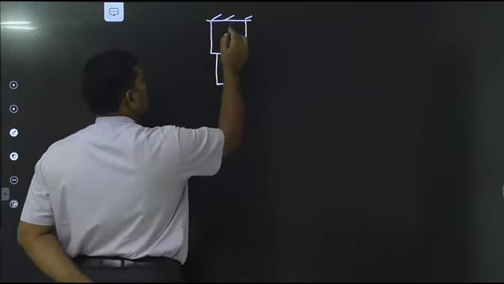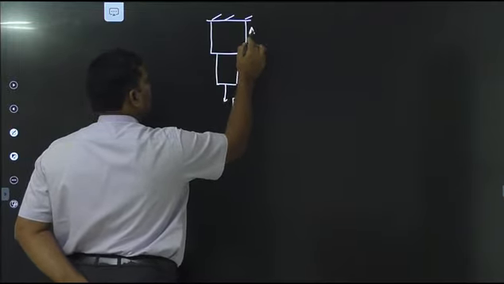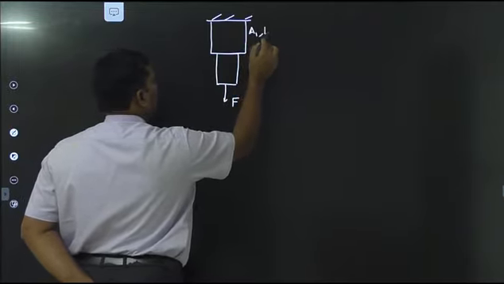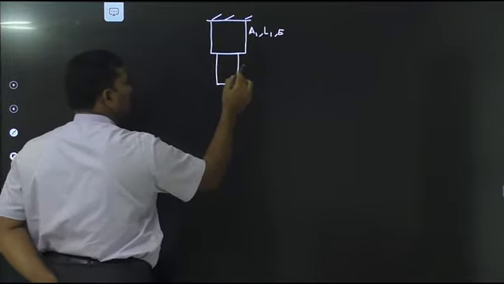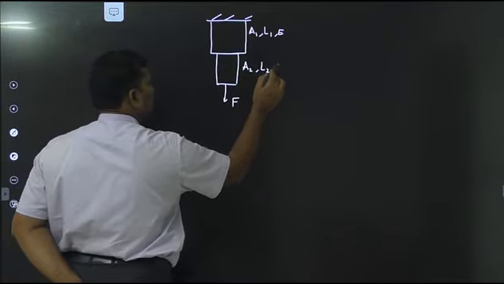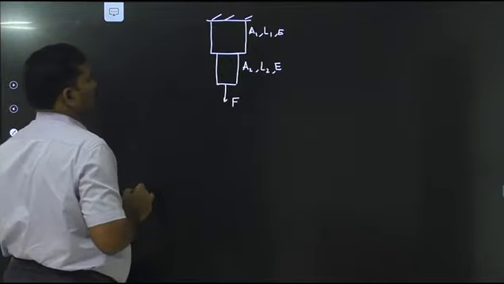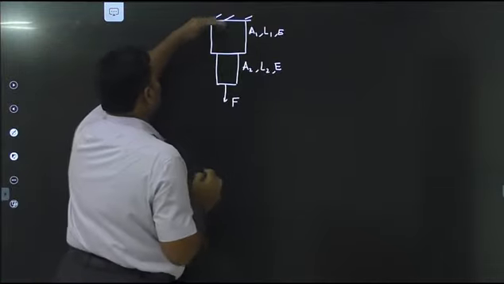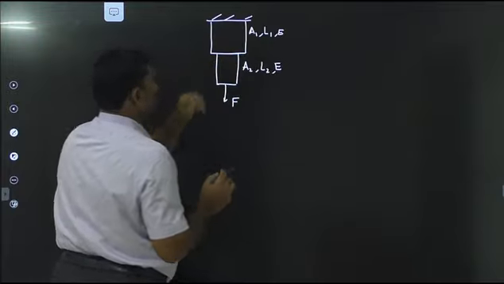Now, the cross-section area of this part is, say, A1, length is L1, Young's modulus is E. The cross-section area of this part is A2, length is L2, and the Young's modulus is E. This part has uniform cross-section, and this part also has uniform cross-section.